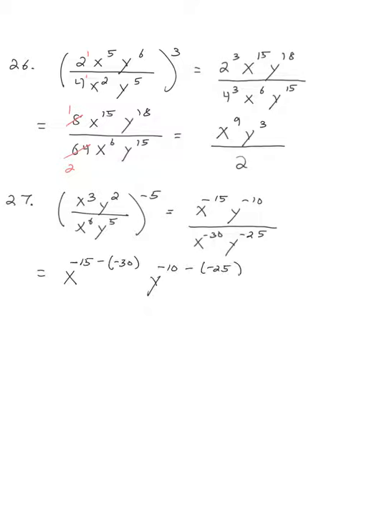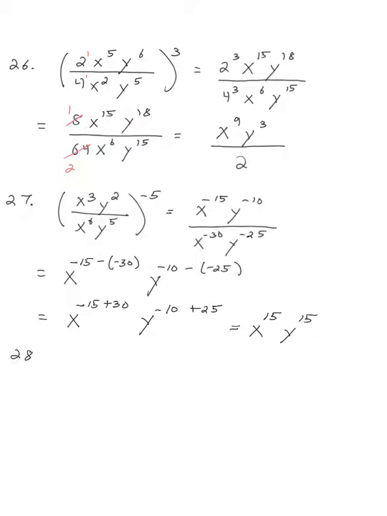I'm being careful here just because when you're subtracting a negative exponent, subtracting a negative, this becomes addition. So I'm going to put that middle step in here. This is x to the negative 15 plus 30, and then y to the negative 10 plus 25. When I add these exponents together, I get x to the positive 15th as well as y to the positive 15th.